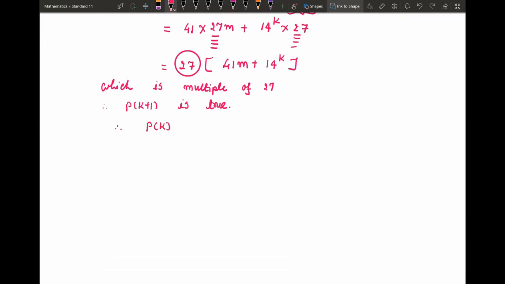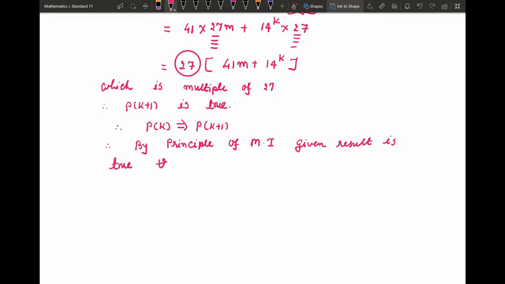And therefore P of k implies P of k plus 1, and therefore by the principle of mathematical induction, the given result is true for all n belongs to the set of natural numbers.